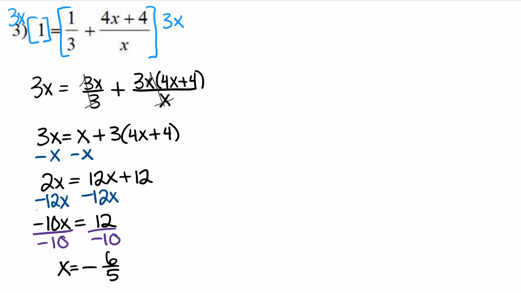Negative 6/5 would not make any of our denominators 0, so it's not extraneous, but let's plug it in just to make sure we did all the math right.